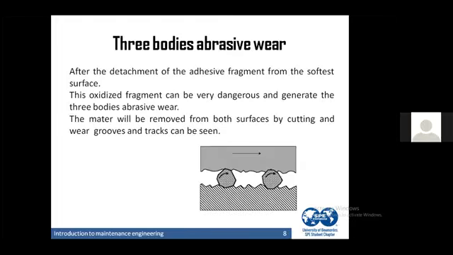after we have the adhesive wear, we will get a third body, a fragment that belongs to one of the two surfaces. This fragment will cause another type of wear, which is the three-body abrasive wear.